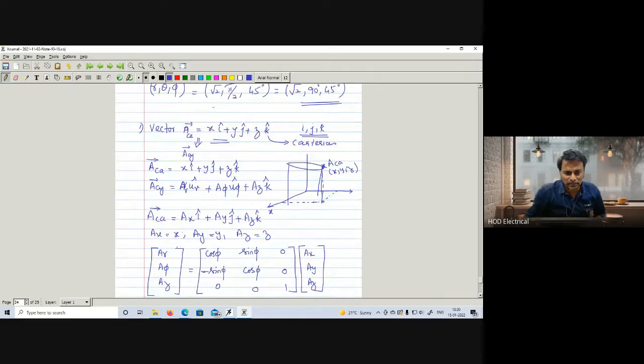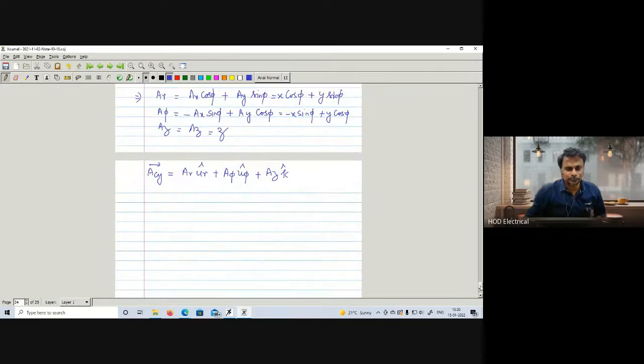See, we have written this. So let me just revise here. Now you can substitute the A vector in cylindrical coordinates.